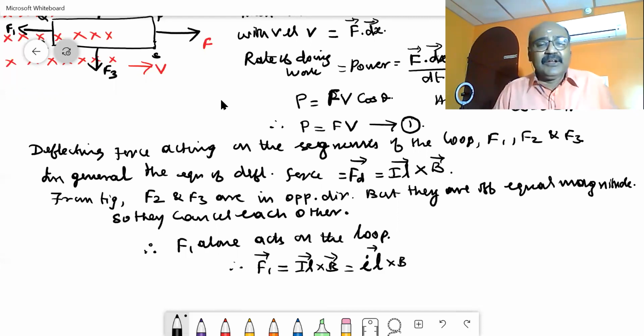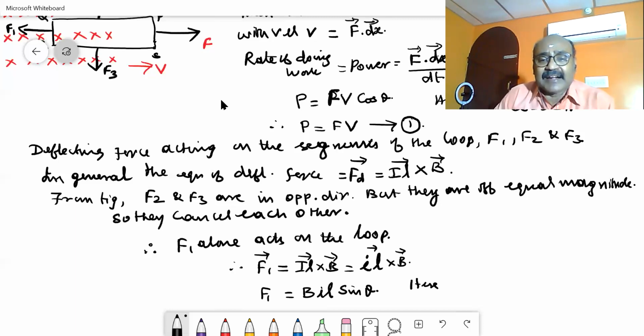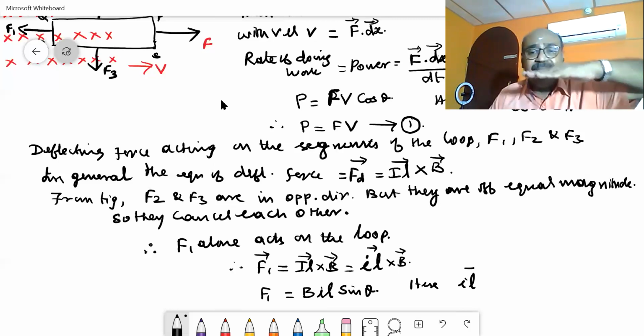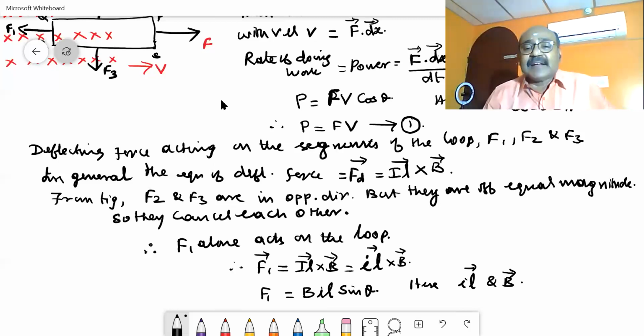Take the magnitude of F1. The magnitude of the F1 vector is modulus of B vector, modulus of IL vector into sin theta, because it is the magnitude of the cross product. Here the IL vector, which is acting in the plane, and the magnetic field B vector, which is acting perpendicular and inwards, are perpendicular.